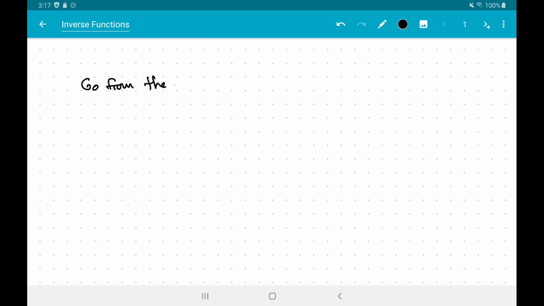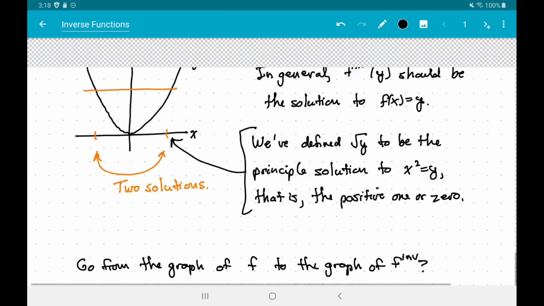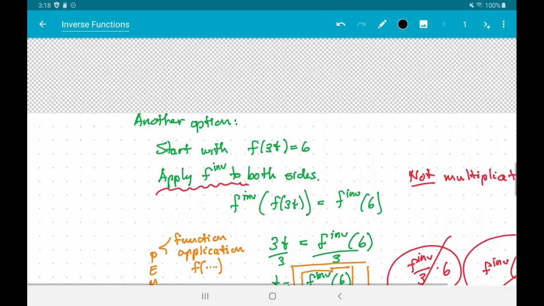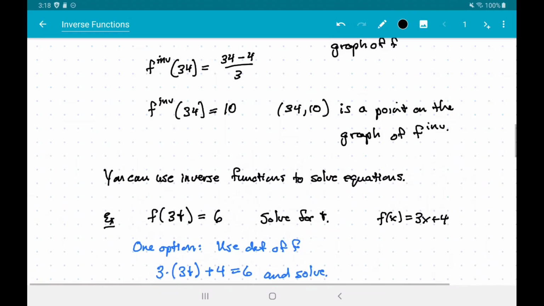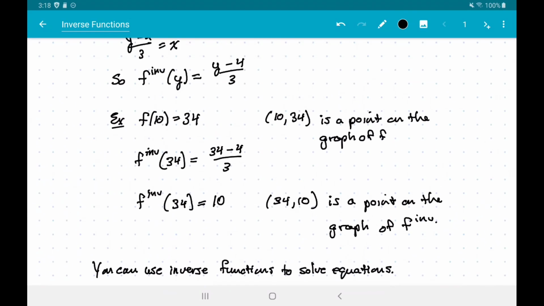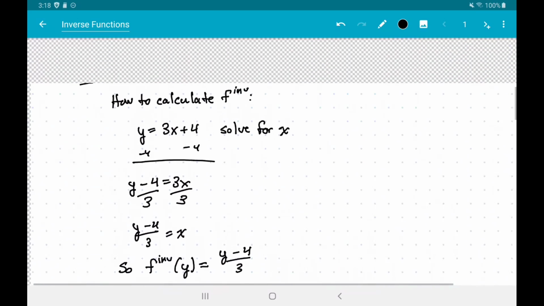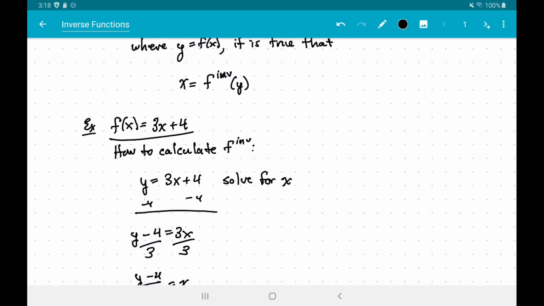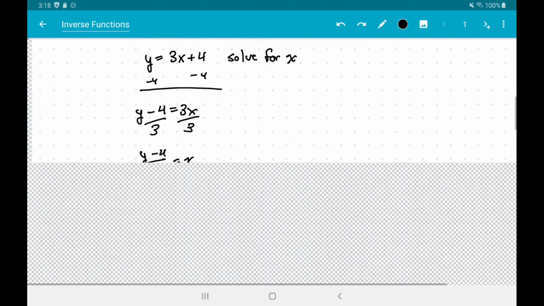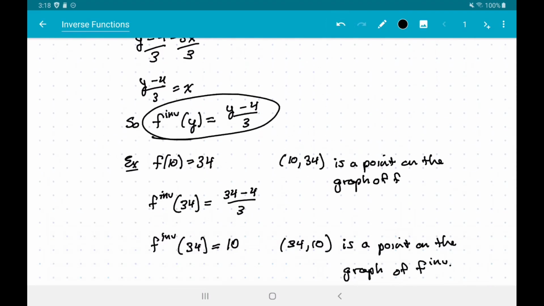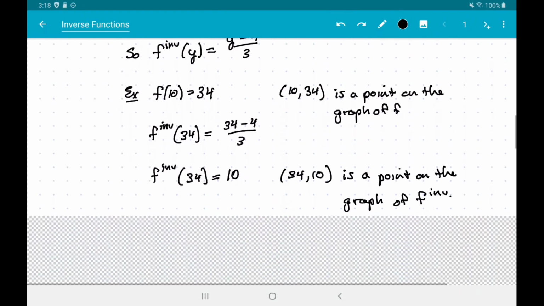Now, how do you go from the graph of f to the graph of f inverse? I've hinted at this already. Let me scroll back up to it. So this was back when we were looking at the linear function f of x equals 3x plus 4, and its inverse, f inverse of y, equals y minus 4 over 3.